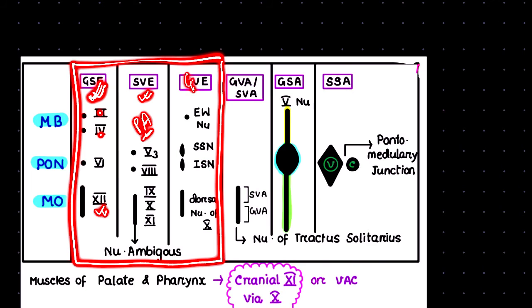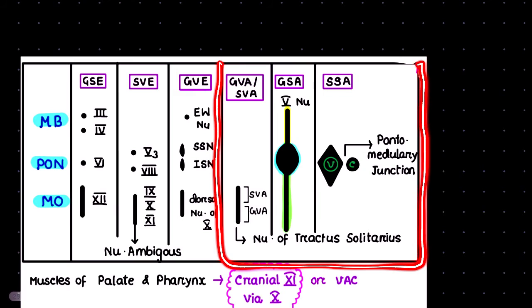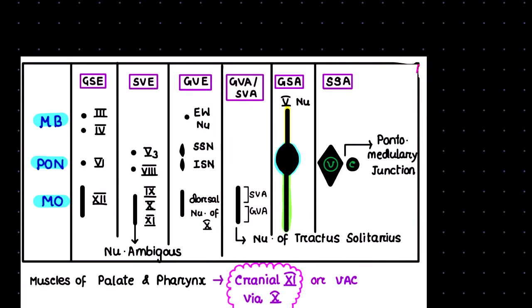Similarly we have general visceral efferent, responsible for supplying glands and smooth muscles. Now, we will keep GVA and SVA together, and talk individually about GSA, SSA, general visceral efferent and special visceral efferent.